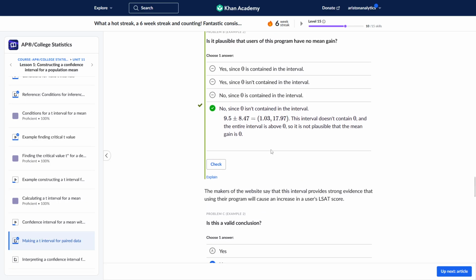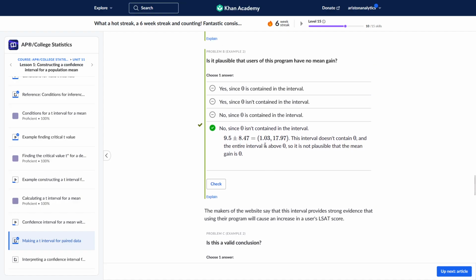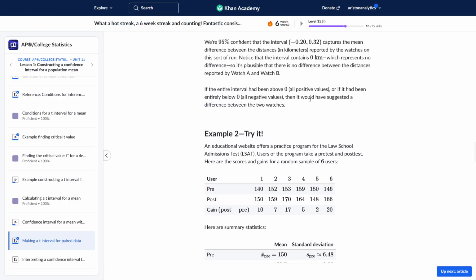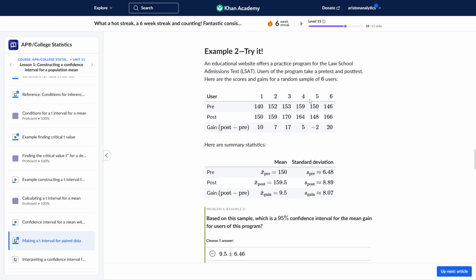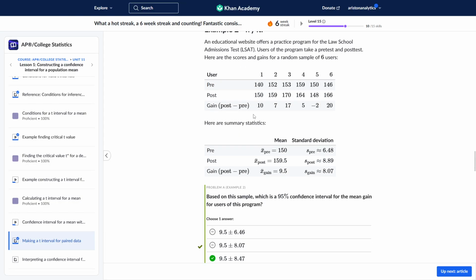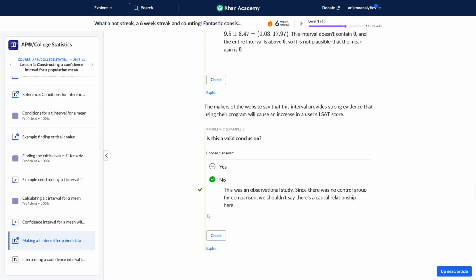Have no mean gain, so they have. Oh, dumb.